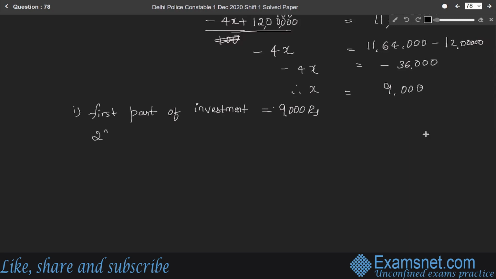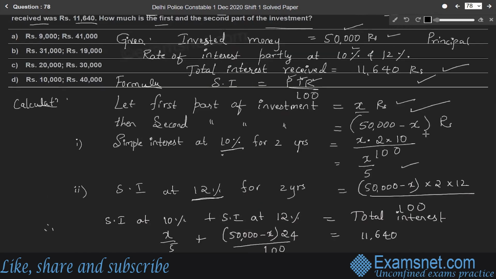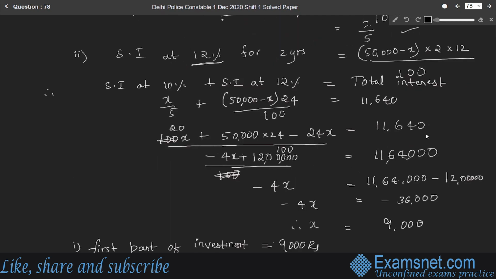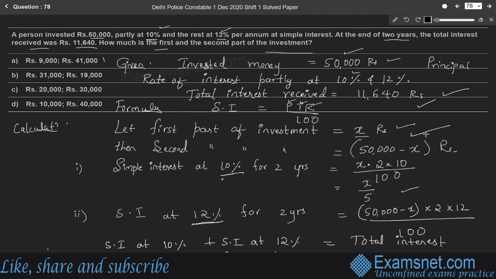Whereas second part of investment is 50,000 minus x. So 50,000 minus 9,000 is 41,000. Therefore, the answer is 9,000 and 41,000. Hence, option A.